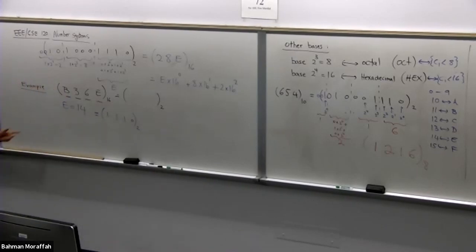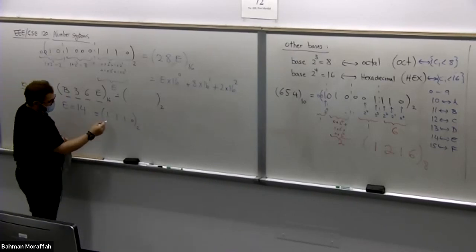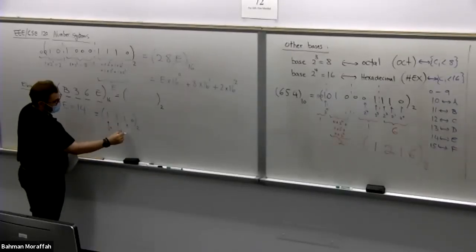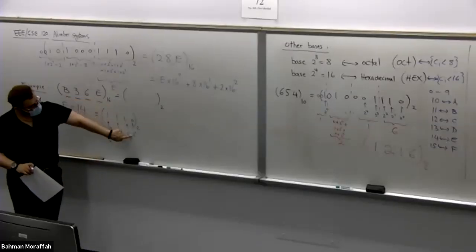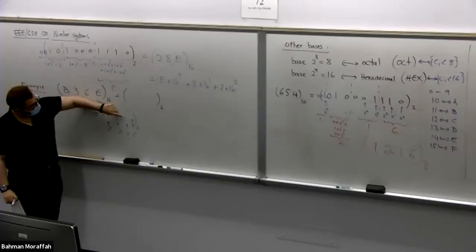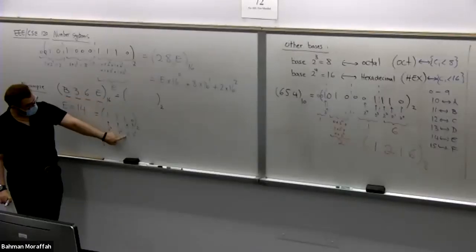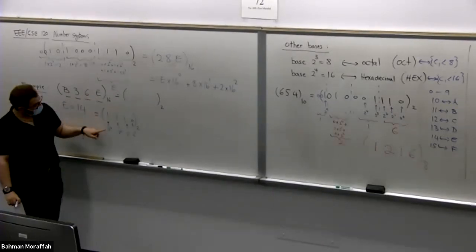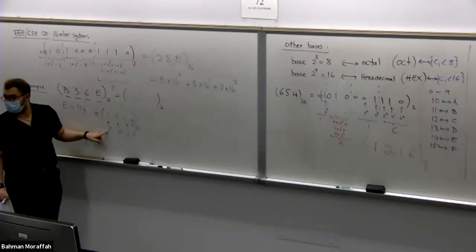To the base 2. Why? Because this digit is 2 to the 3, this one is 2 to the 2, this one is 2 to the 1, and this one is 2 to the 0. So I have 0 times 2 to the 0, so it's a 0. 1 times 2 to the 1, so it's a 2. 1 times 2 to the 2, so it's 4. And 1 times 2 to the 3, which is 8.